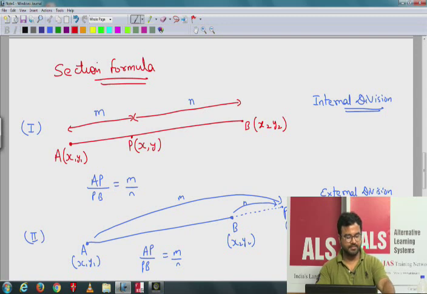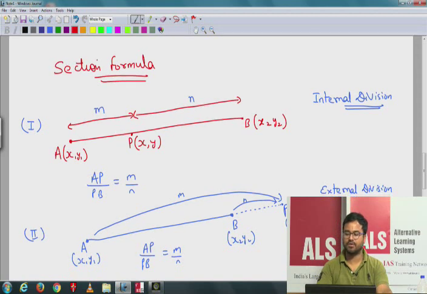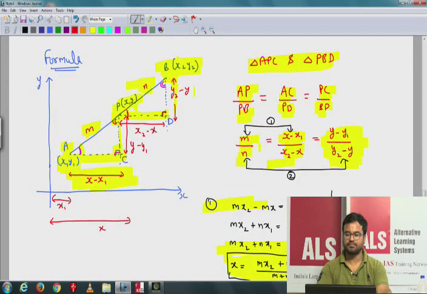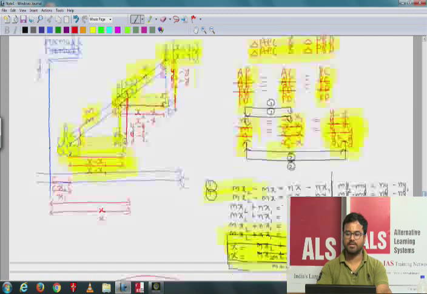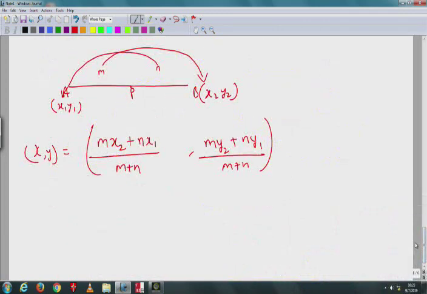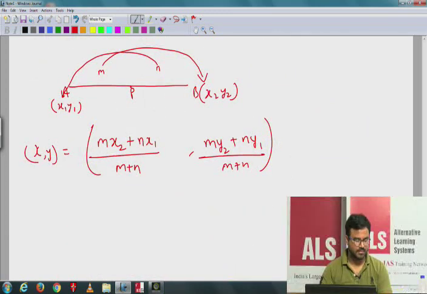I hope this is clear. So let us do one quick question based on the formula itself. Try this question.